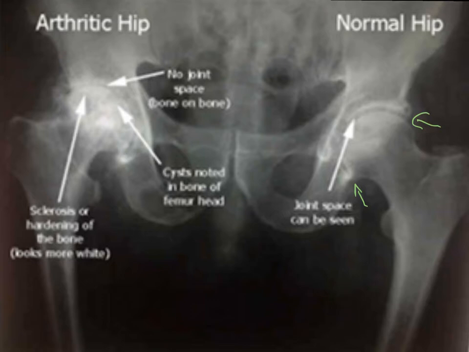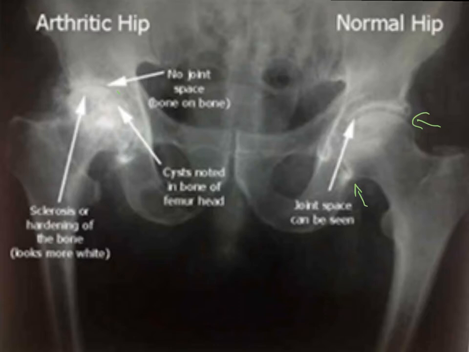But over here on the left, there is no joint space. I don't see any dark gray line there. It's all pretty much whited out where the surfaces rub right against each other. Now, in the picture, the notation says that there are cysts noted in the bone of the femur head, like an osteophyte might make. I don't really see that.